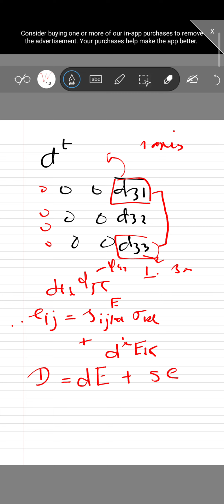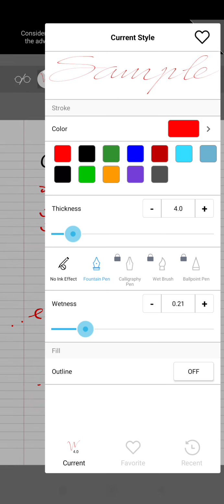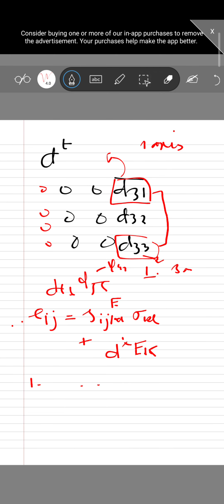So it will be the electric displacement D, which is equal to the piezoelectric coefficient into the stress that has been applied, plus the strain due to the electric field.